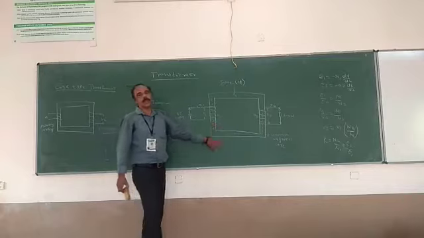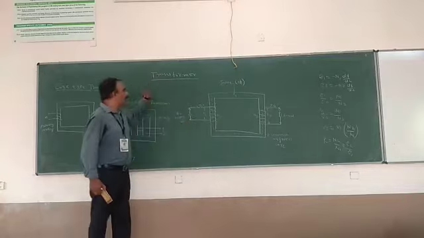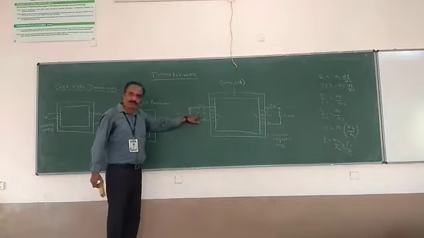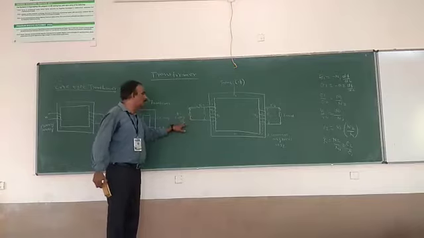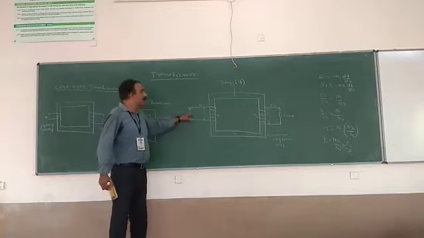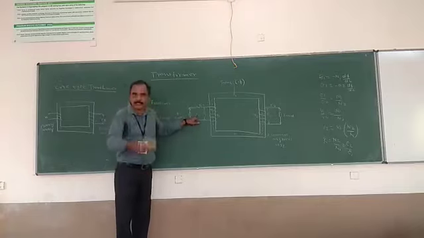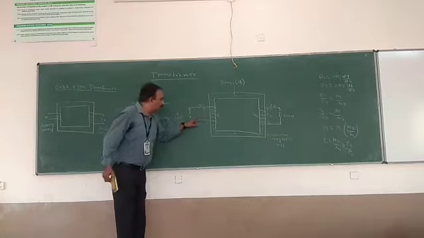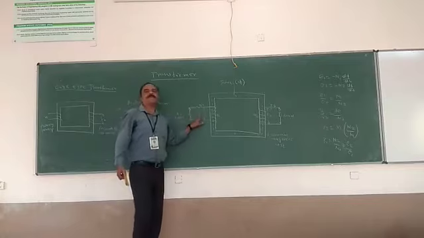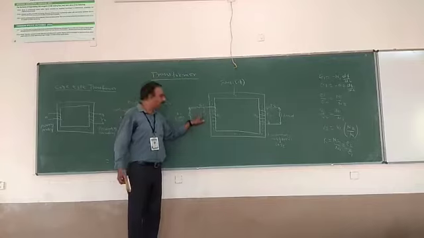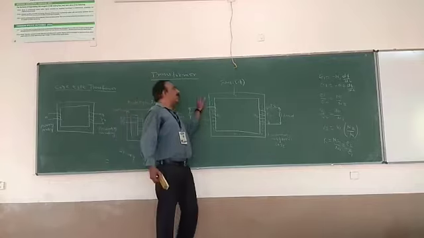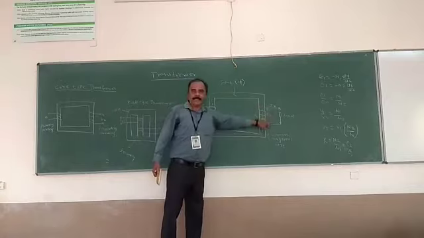Now let us see how it works actually. When we excite the primary side by applying AC voltage V1, the primary current I1 will circulate. Whenever the current I1 circulates, flux will be produced. Because of this flux, there is an induced EMF E1. This flux is linked with both primary and secondary.